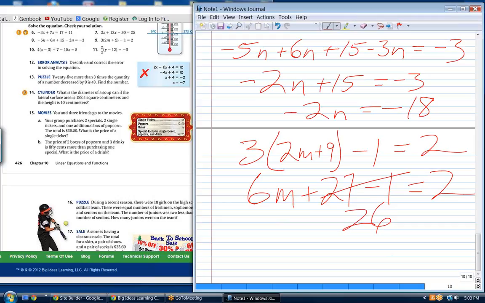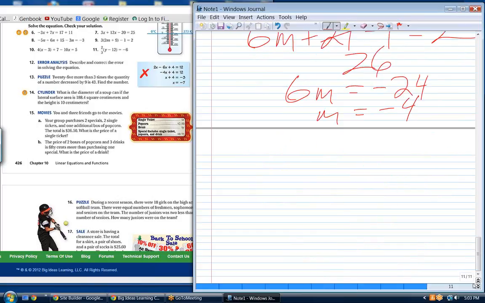So then you subtract 26 from both sides and get 6m equals negative 24. Good. And then when you divide that, you get m equals 4. Negative 4. Negative 4. Okay. That one's too easy. This one, let's try this one.